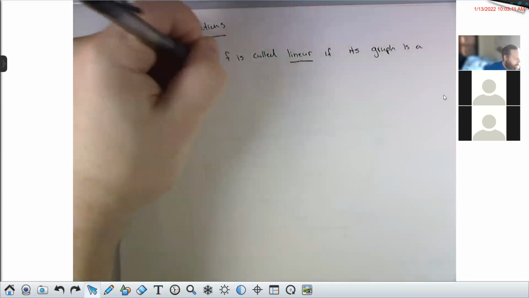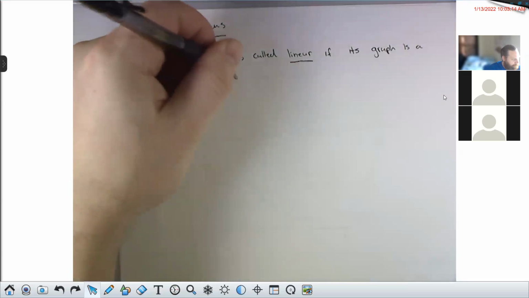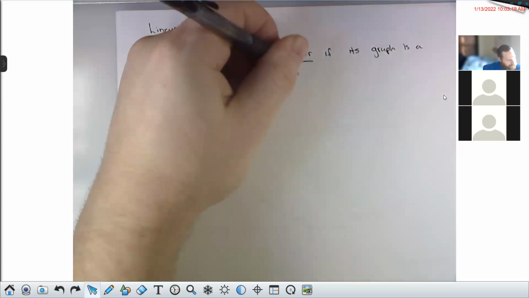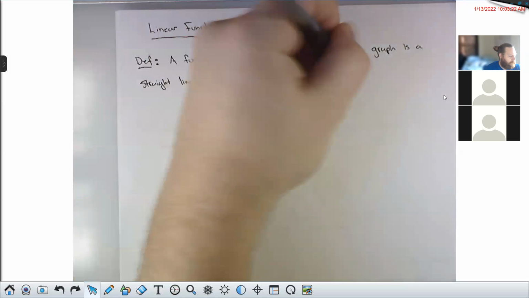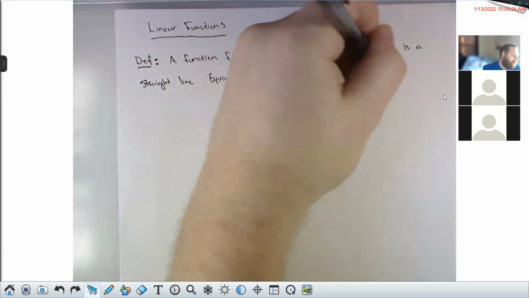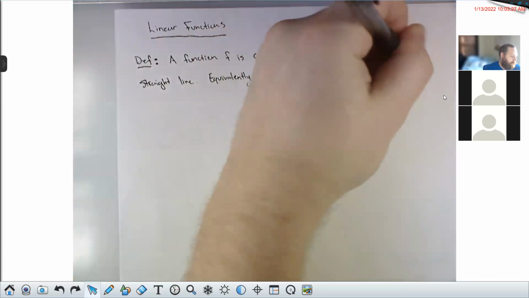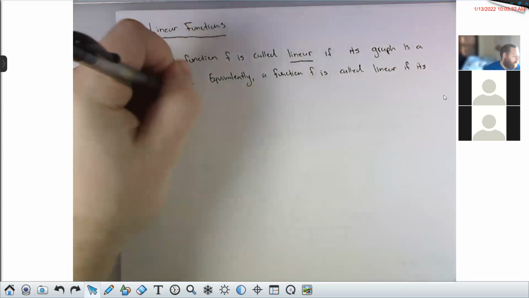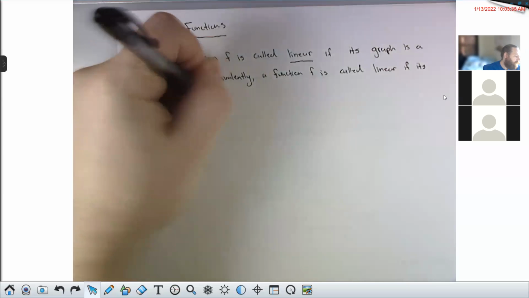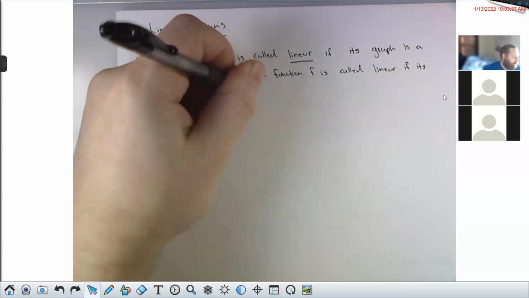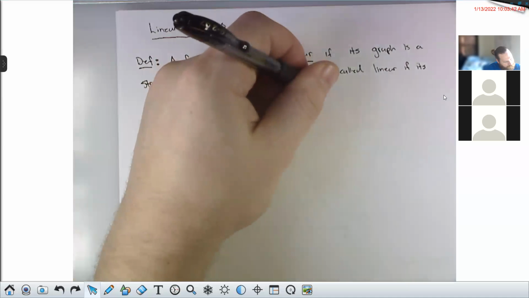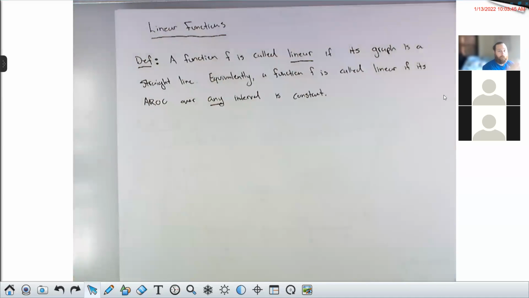You could say equivalently, function f is called linear if its average rate of change over any interval is constant. That constant is called the slope of the line.